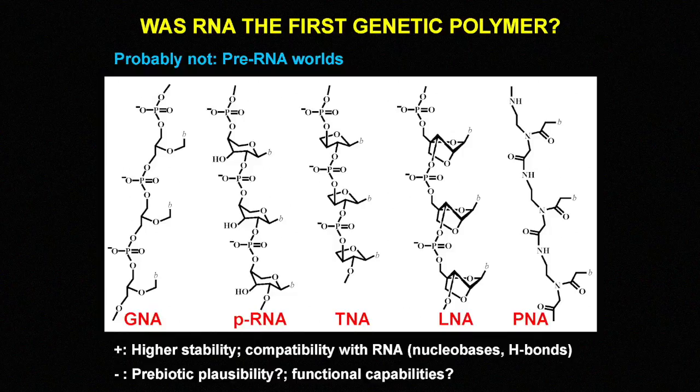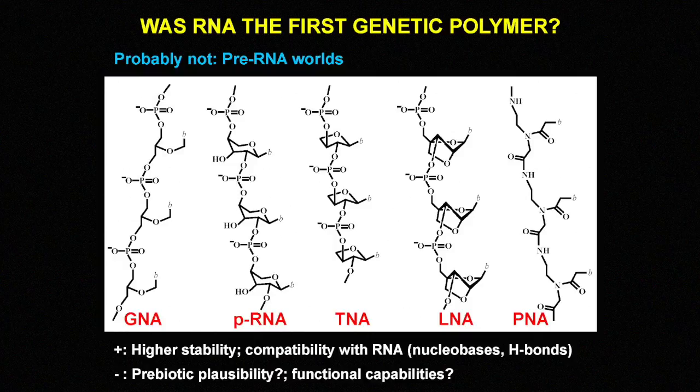Different artificial genetic molecules, so polymers with different backbones from which nucleobases protrude in all cases.